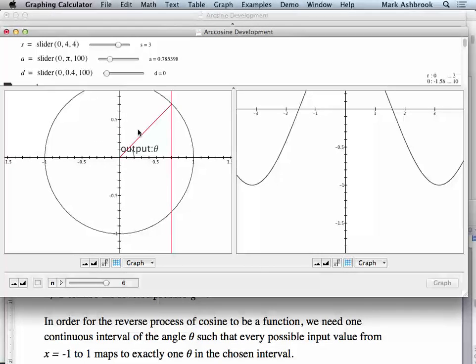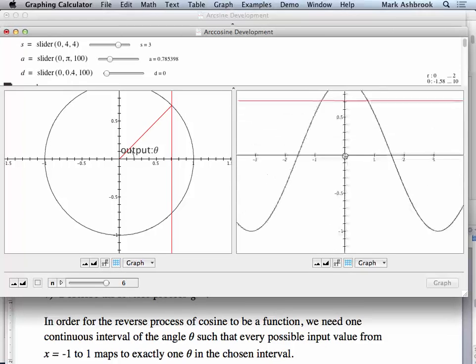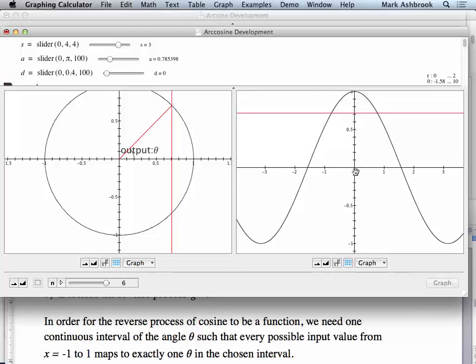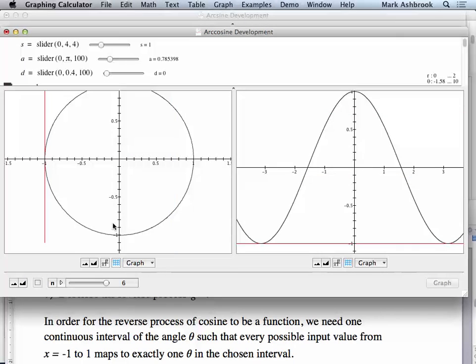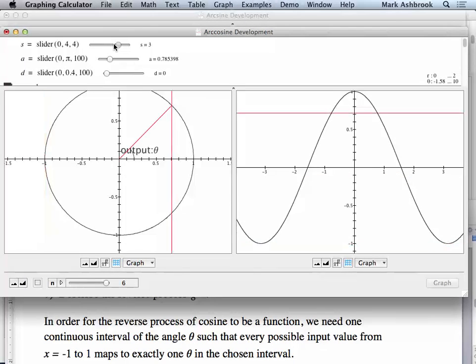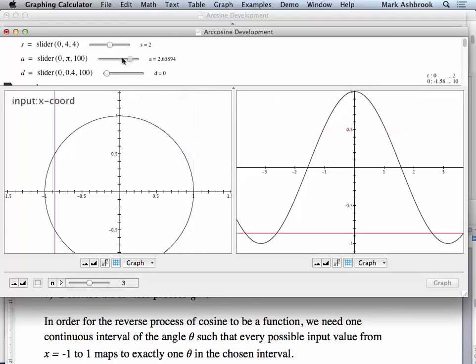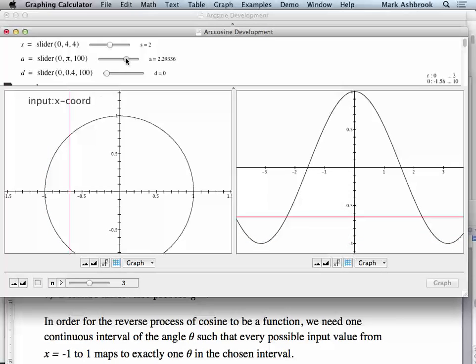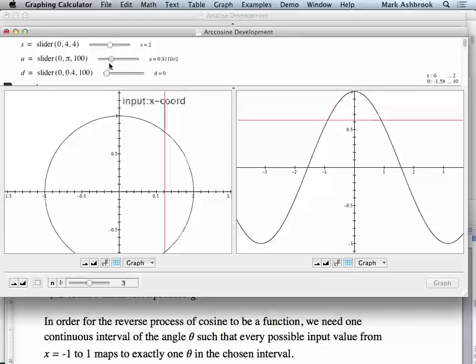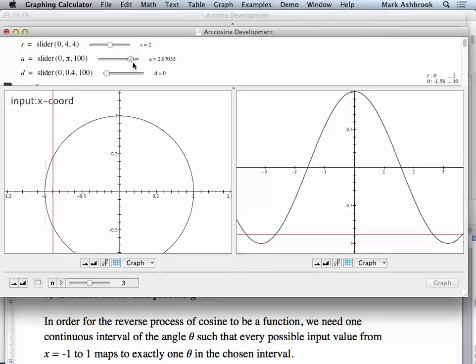So what are the range of values for the input of this reverse process? Melissa. -1 to 1. Yep, so from -1 to 1 is going to be all possible inputs into the reverse process of cosine.